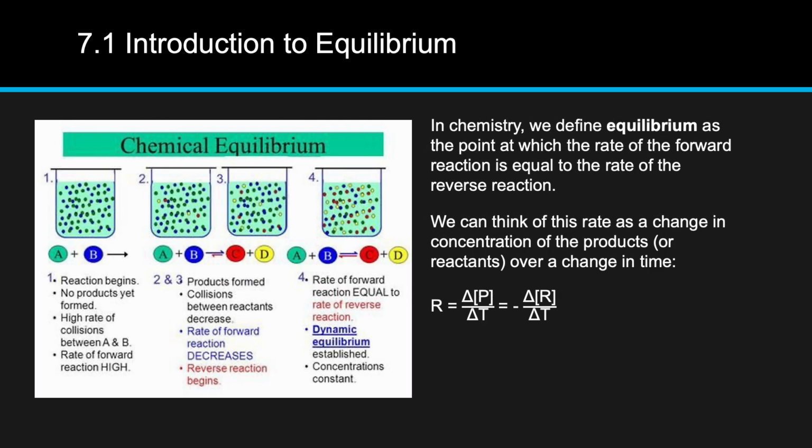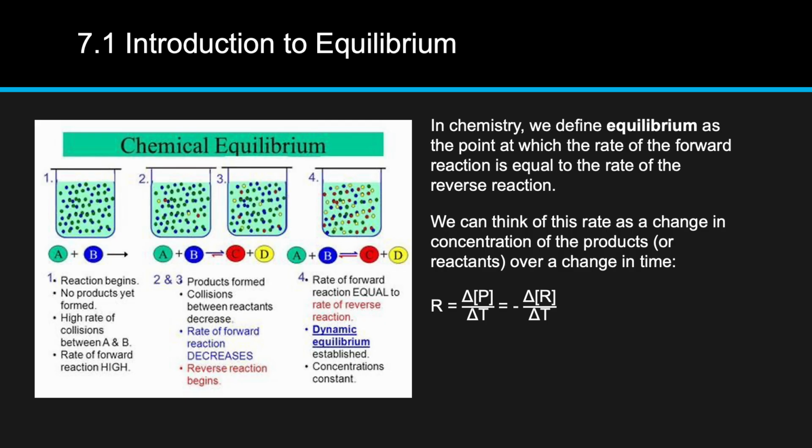So chemical equilibrium is defined as the point at which the rate of the forward reaction equals the rate of the reverse reaction. Early in a reaction, the forward rate is going to be high because reactant concentrations are the greatest, and your reverse rate is going to be initially low because few products are present.